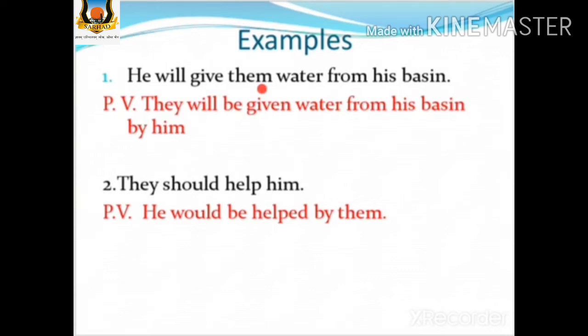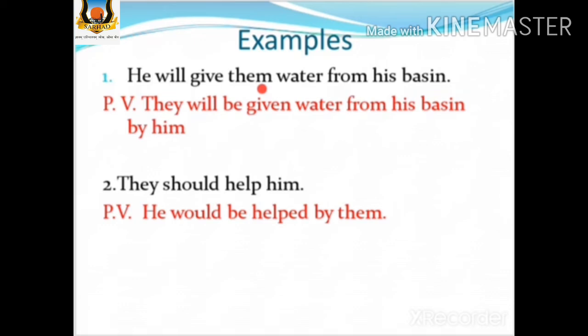It will convert like this. The object will come to the front in the passive voice: they, then the auxiliary verb will, then be, then the past participle of the verb give, gave, given, and then the remaining part of the sentence, water from his basin, then by plus subject, he, which will convert into him in the passive voice. So he will give them water from his basin is converted like this: they will be given water from his basin.